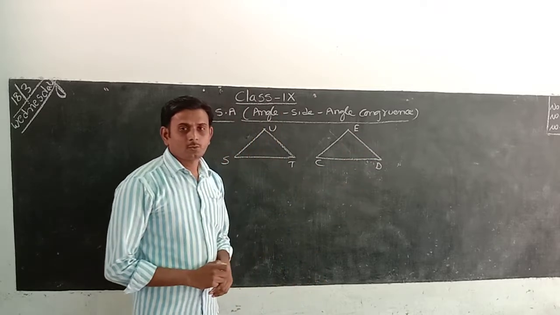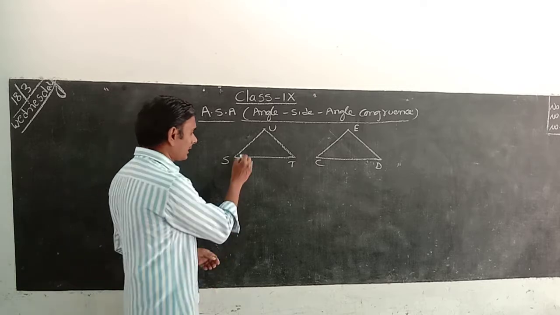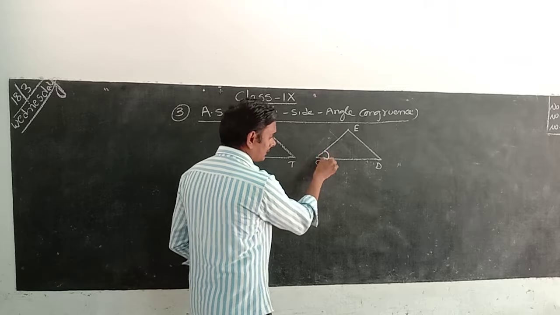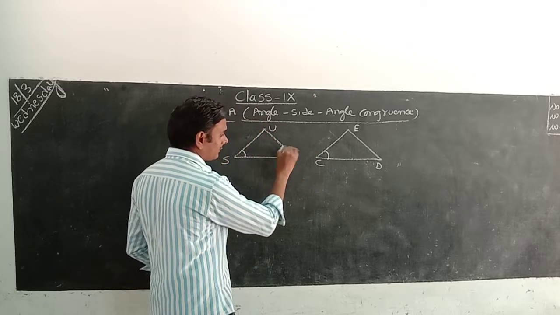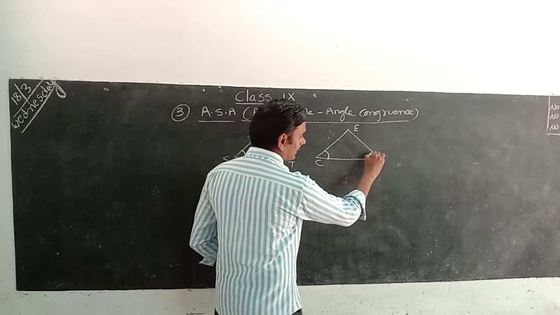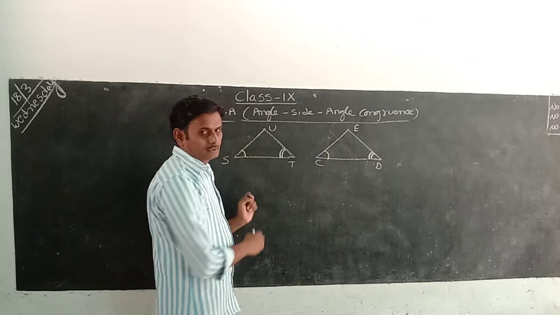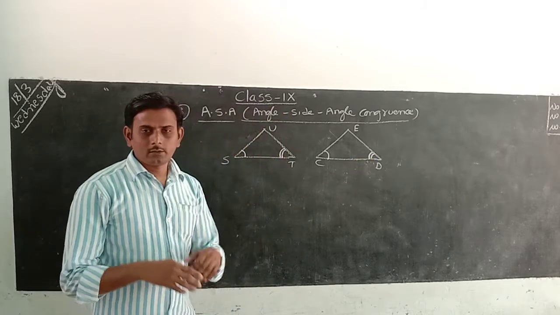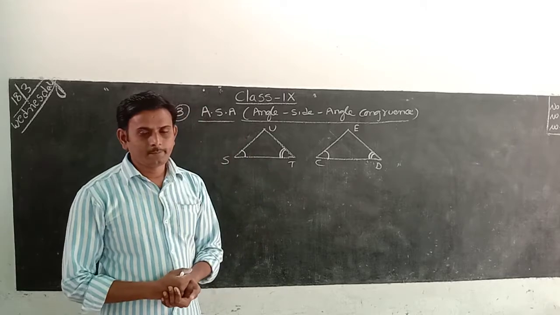See here, I have taken one triangle STU and another triangle CDE. In these, two angles should be equal along with the sides. This is one angle, and this is another angle. These two angles are equal, and these two angles are equal. What is the rule or definition for the ASA rule?